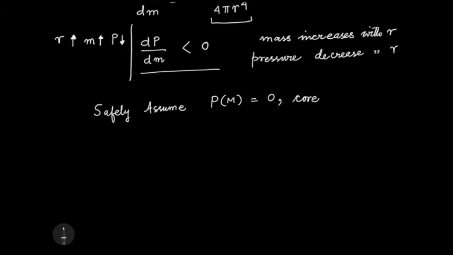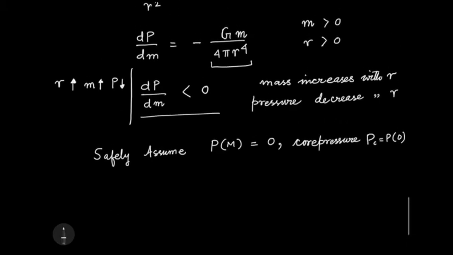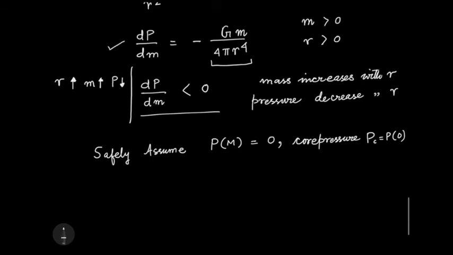We say the core pressure, we call it PC, which is P at mass equals 0. We are writing this because now we would like to integrate this expression. Let me write down and then we'll see where we are getting stuck.